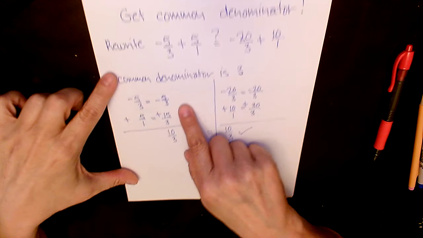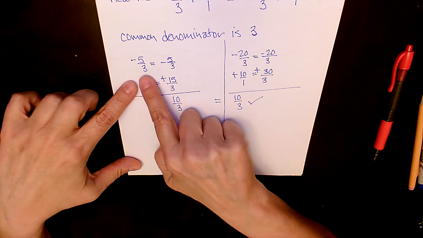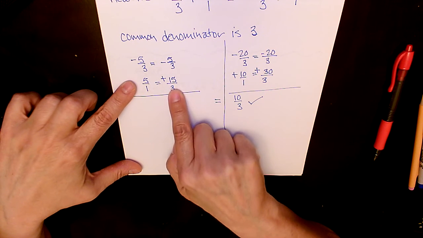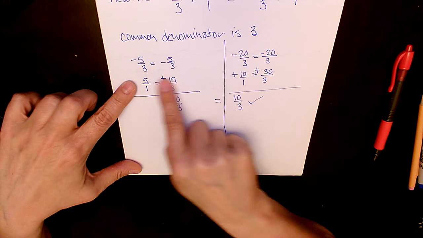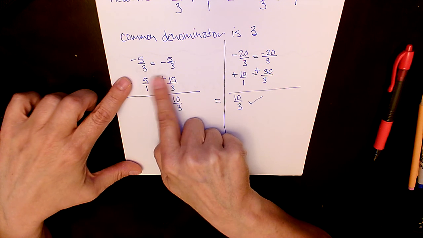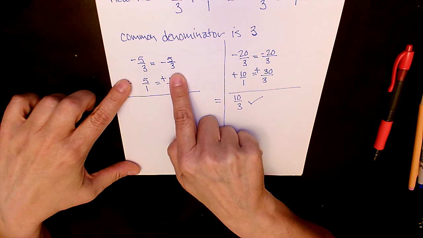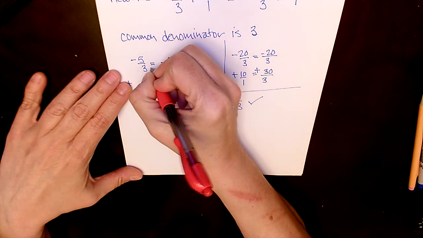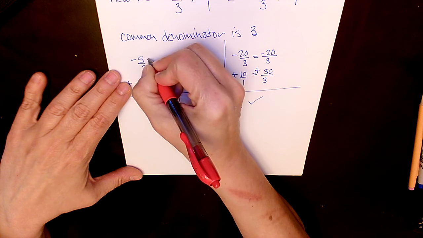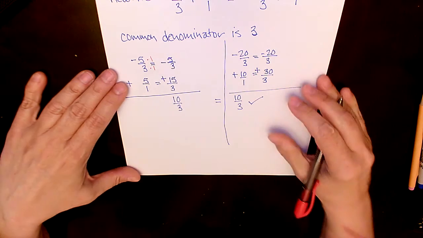And so I'm going to take both sides and change them over to thirds because my common denominator is 3. So the -5/3 already has a 3 for its denominator, so I'm just going to leave that -5/3. Some people like to multiply top and bottom by 1, but you don't have to do that if you don't want to.